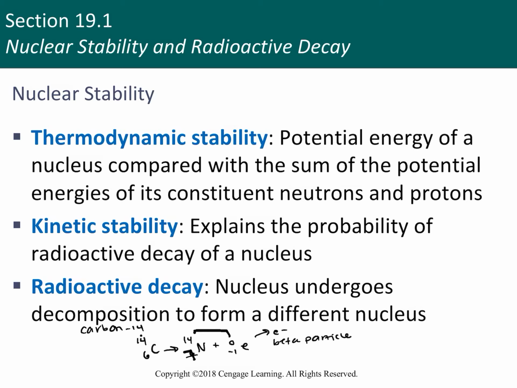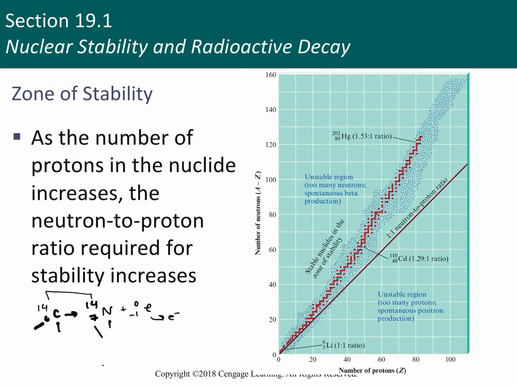Of the approximately 2,000 known nuclides, only 279 are stable with respect to radioactive decay. Tin has the largest number of stable isotopes. We can examine how the number of neutrons and protons in a nucleus are related to its stability with respect to radioactive decay.